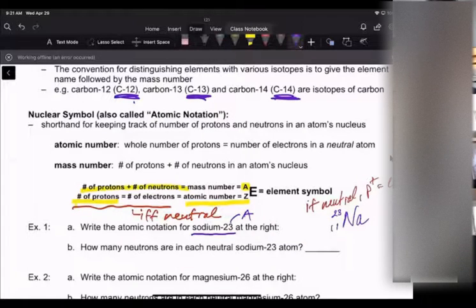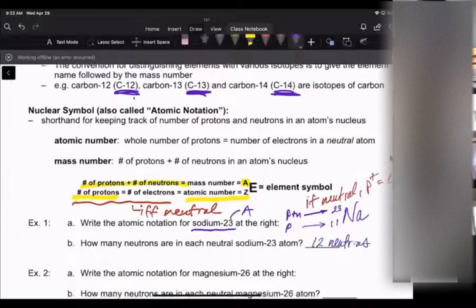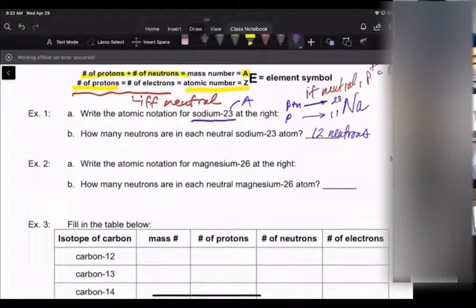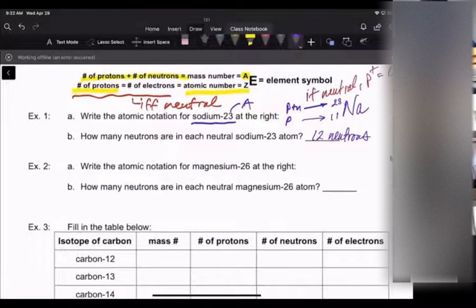All right, so this is the symbol, and then the protons plus the neutrons is that number, and the protons is that number. So if we take the difference, we'll get the number of neutrons, and that is what can vary. All right, let's do the same thing for magnesium, and then we'll do this table of isotopes.